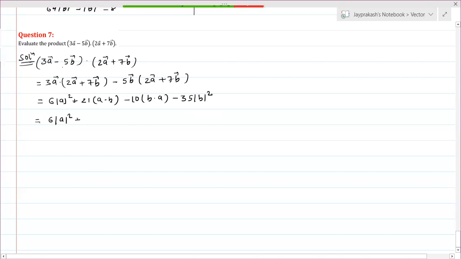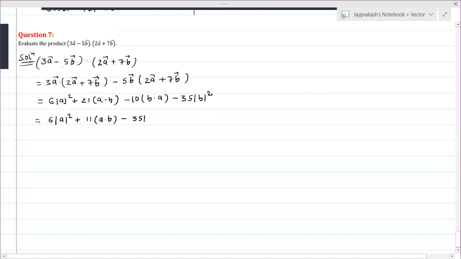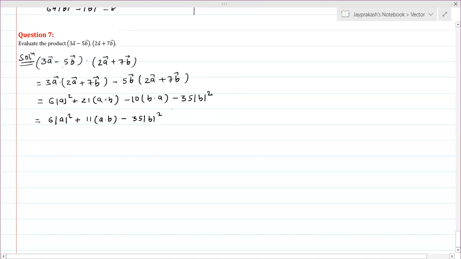So this one is 6 magnitude A square plus 11 A dot B minus 35 magnitude B square. So that's it. And why are we using A dot B equals B dot A?